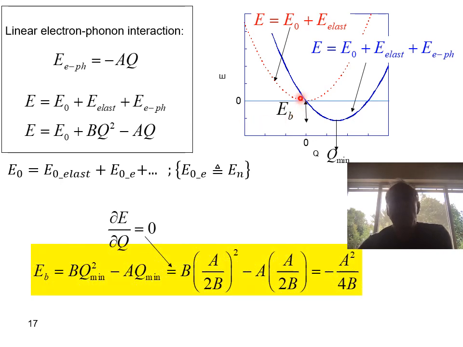So if you would like to find this E_B, it is equivalent to finding this Q min, because everything here is known. We know the parabola and the A. So really this is expressed here. When we plug it into the full expression, we take a first derivative, we solve it, and this is the energy.